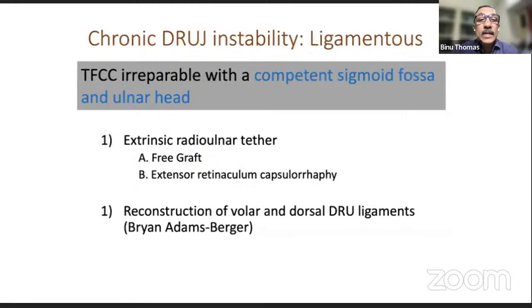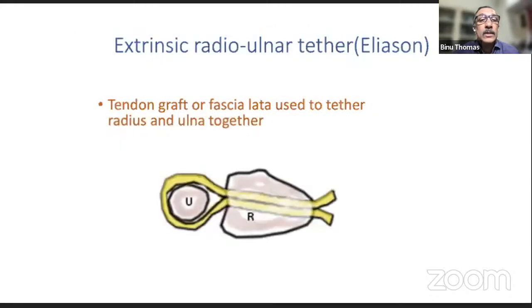So, if the sigmoid fossa is competent, then there are many soft tissue operations which are done, like the radioulnar tether using a free graft, or an extensor retinaculum can be used to plicate the ligament and make it stable, or the classic operation, the Adams-Berger procedure, which is reconstruction of both the volar and the dorsal radioulnar ligaments.